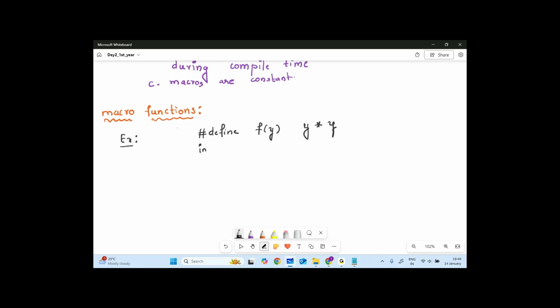Now I'm writing one simple expression, int main. Inside this I will declare one variable int i. i = 64 / f(4). Now you need to find out what is the value of i. Can you tell me what is the result or the value present in the i variable?